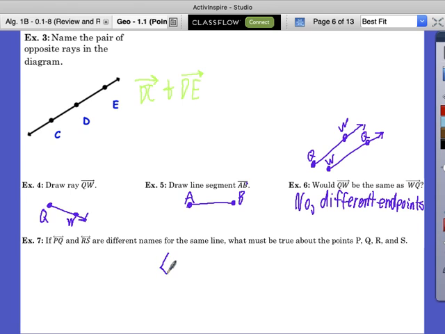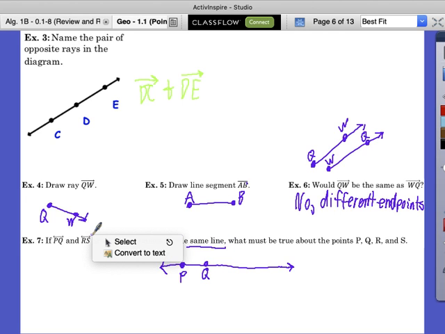We name a line by any 2 points on it. So if the line is named PQ, it has to have P and Q on it, and if it's also called RS, then R and S have to be on this line too, somewhere.